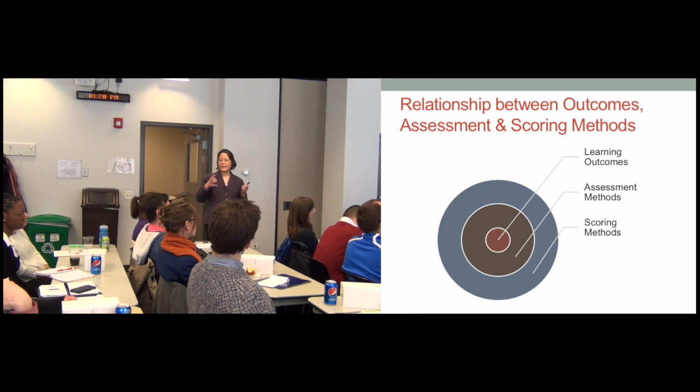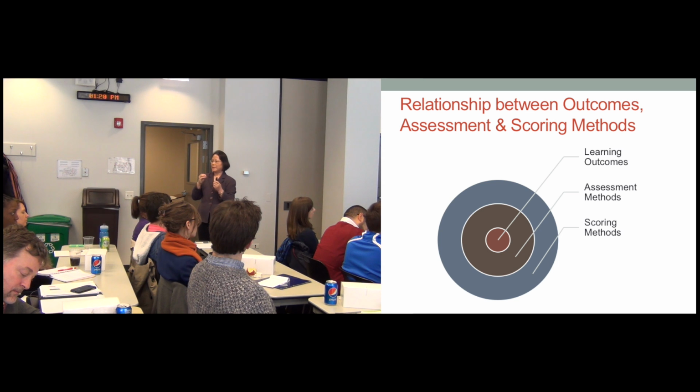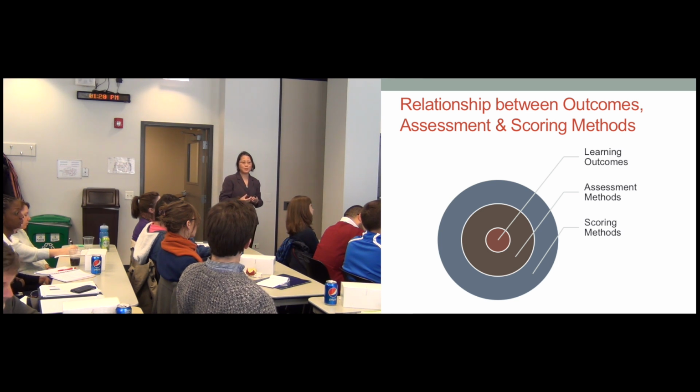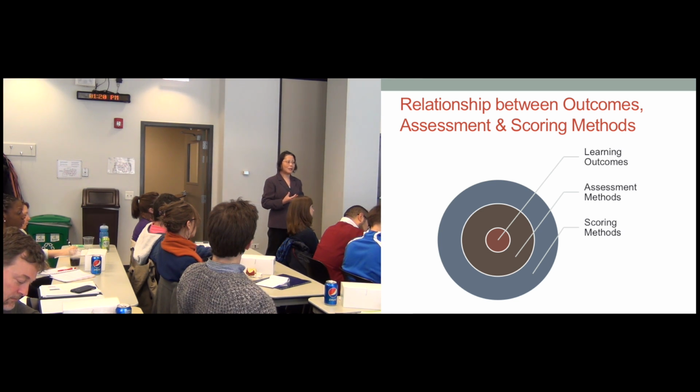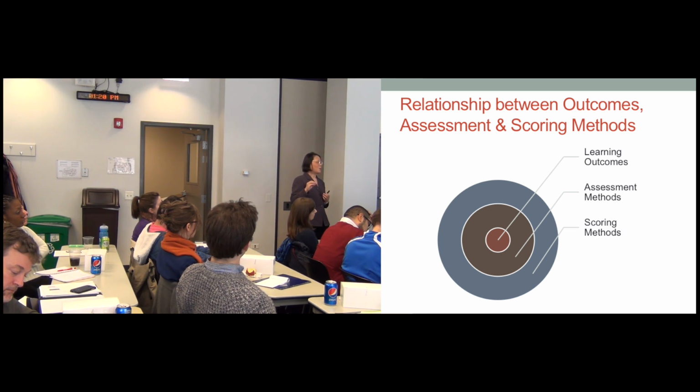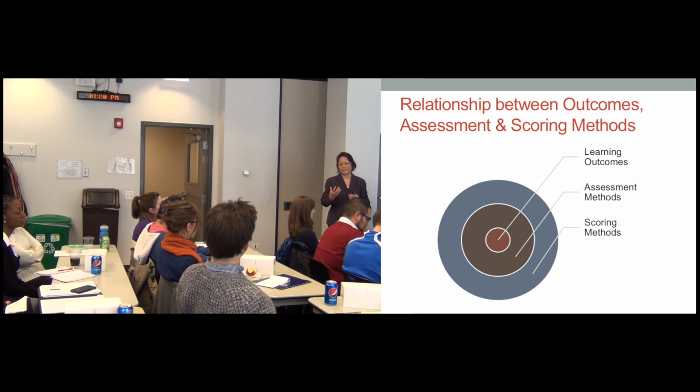So we know why we need to use rubrics: it's determined by the kinds of assessment methods we use, right? If we use performance-based or product-based assessment methods, then we need rubrics to score the assessment results. What influences our decision to choose assessment methods is the learning outcome.